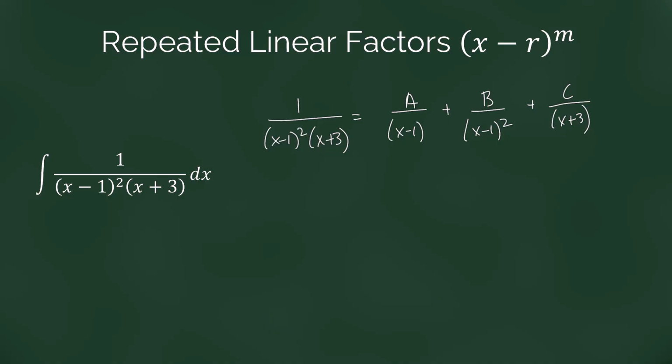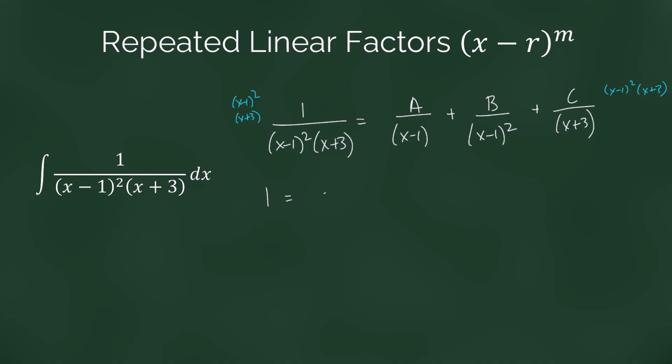Okay, so now we are going to proceed as before. We're going to multiply both sides of this by (x minus 1) squared times (x plus 3), multiply all of the terms by that. And when we do that, we'll see on the left-hand side, we just get 1.